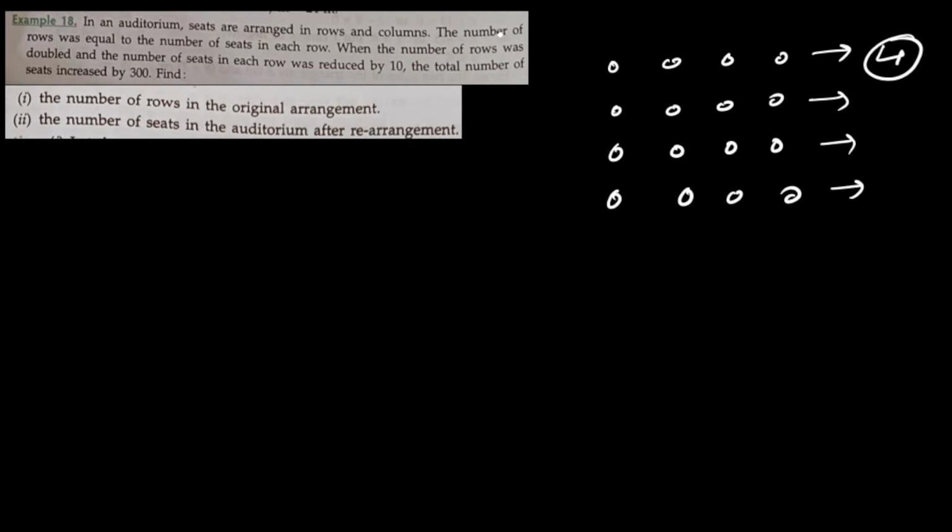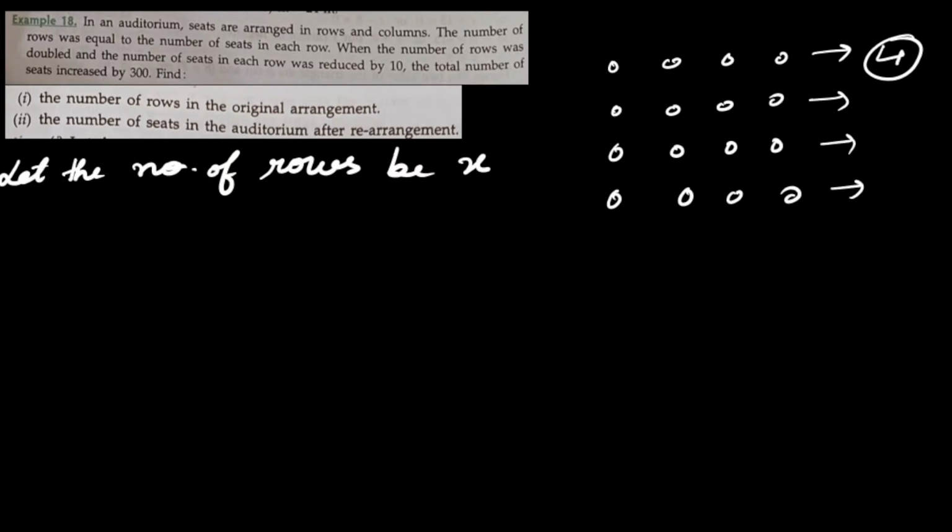Now what they are telling: the number of rows we have to find. So right at the start I'll assume whatever we have to find as x. Let the number of rows be x.